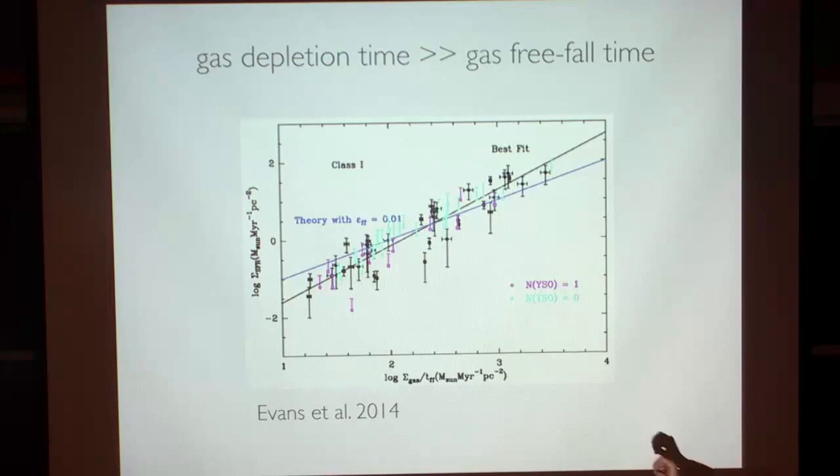Maybe it's hard to see, but there are two orders of magnitude difference between the measured star formation rate and the naive expectation. This implies that only about 1% of gas has been converted to stars during this free fall time. So that is different from what we naively expect.